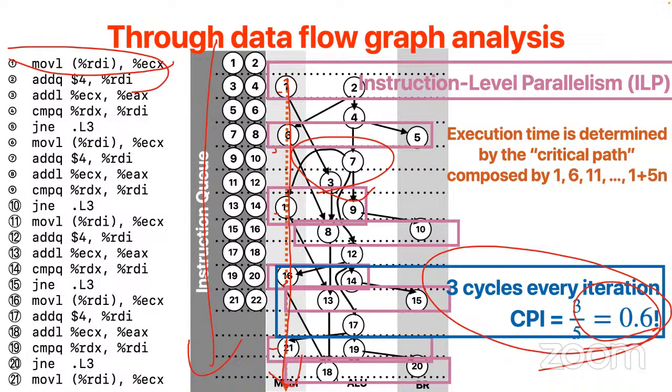And you see in this data dependency graph, in many cycles we do exploit that kind of parallelism, so that we finally got a CPI that is 0.6, very close to 0.5, which is our optimal CPI for a 2-issue pipeline.